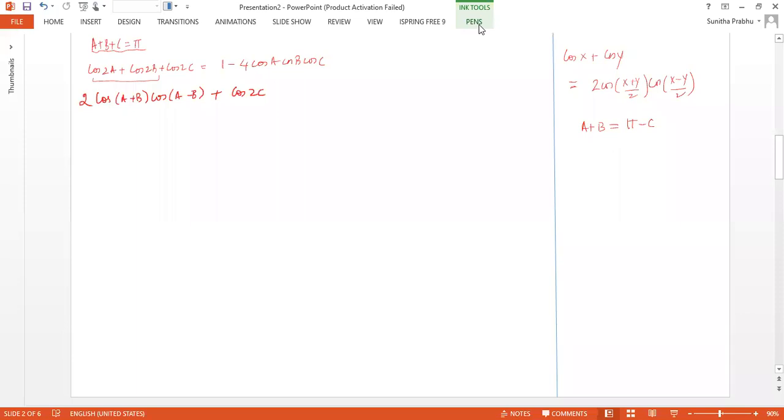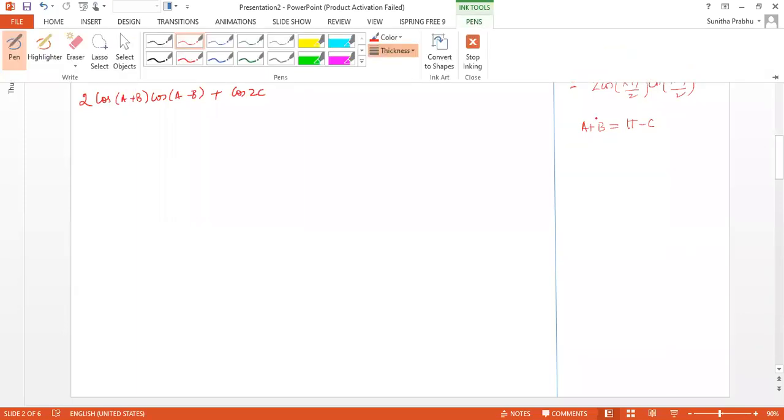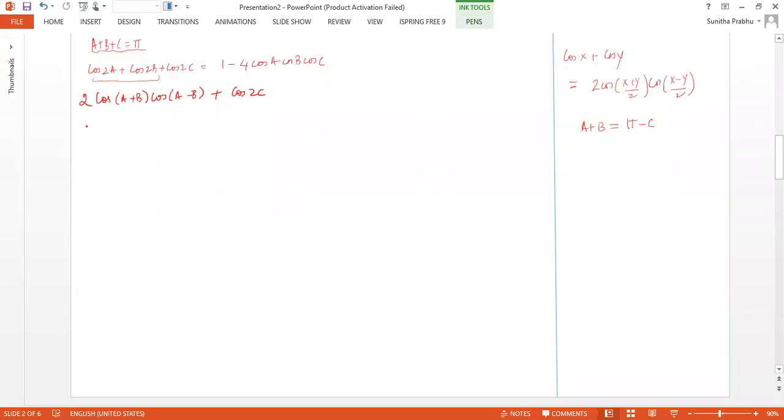Now, a plus b is nothing but pi minus c. So I'll say 2 cos pi minus c cos a minus b plus cos 2c. Cos 180 minus theta, now I know, is minus cos theta, right? So do we go cos 2c?